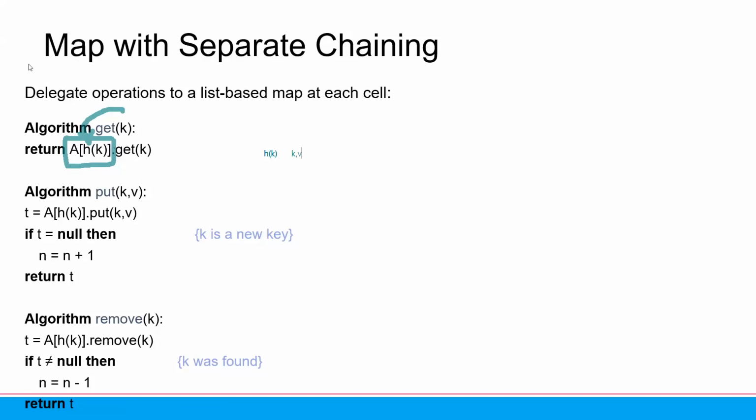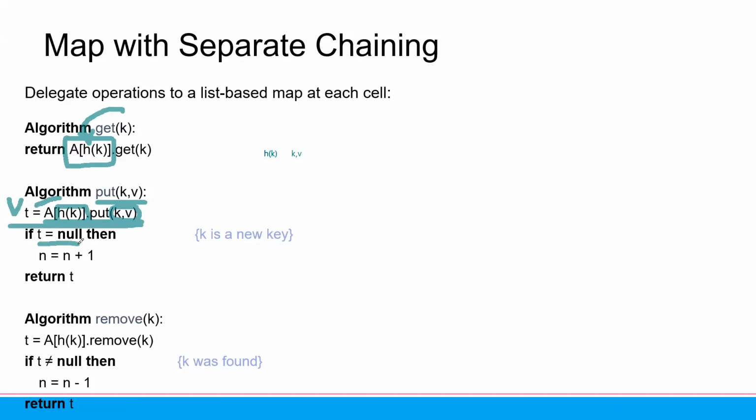If I want to put the value, first I will put it into A[h(k)]. So I want to put the (k, v), which is an object, and I want to use h(k), the hash function, to get the place to put this object.